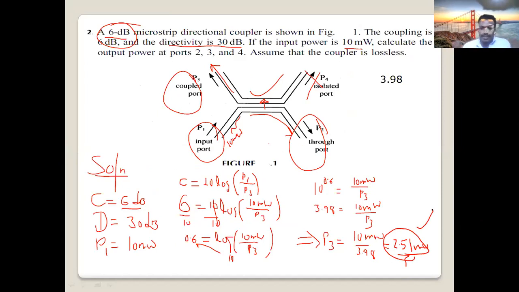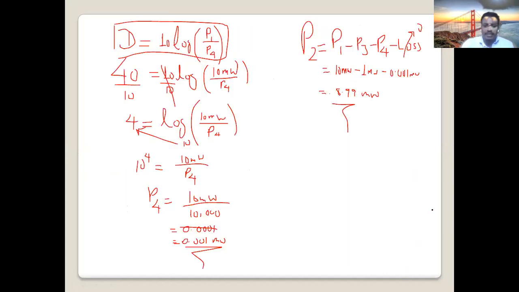That's what we call coupling C. Okay. In the first example, this coupler has directivity 40 dB. So when you calculate P4, how much do we get? We get 0.001 milliwatt. This power is sampled, but it goes in the wrong direction.